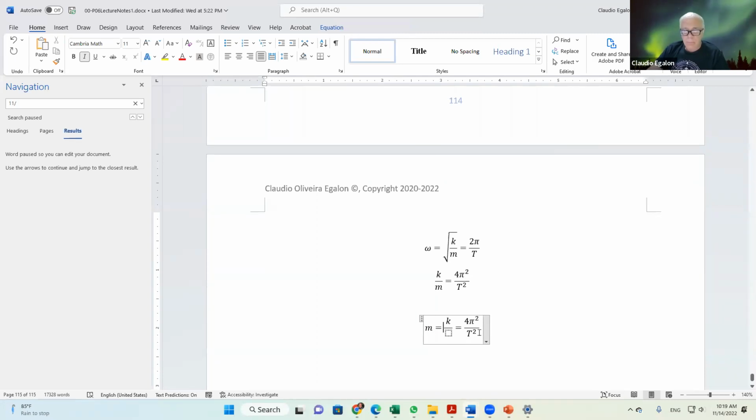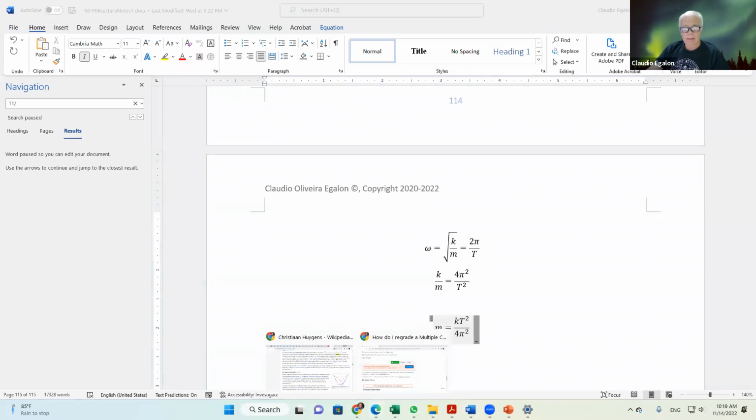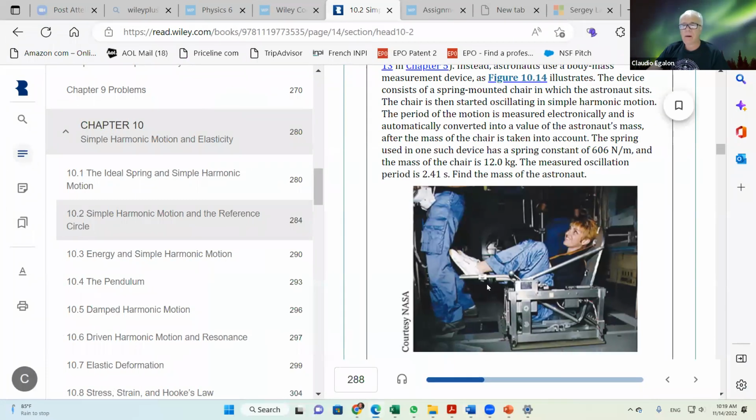Here we go. T squared goes upstairs, 4 pi squared goes downstairs. That's how that device calculates the mass, right?